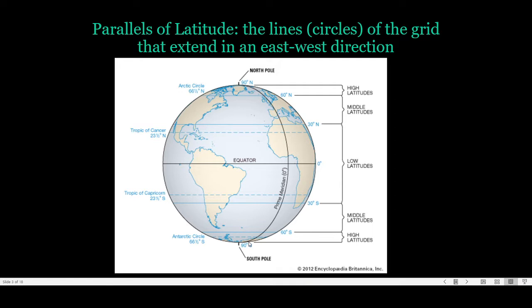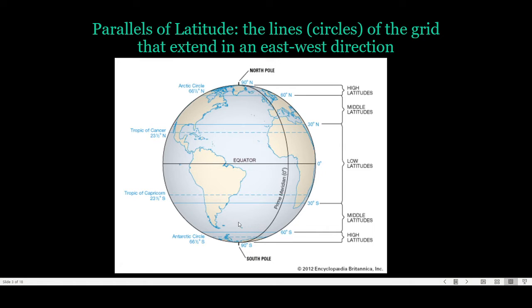It is very important to know that these are the two directions, north or south. The maximum degree for latitude is 90 degrees, at the North Pole and at the South Pole.